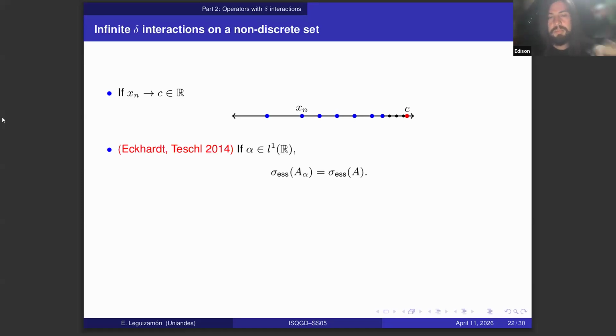But using some tool that I will explain in the next slide, Edgar Unterschel could manage to prove that it could be seen as a self-adjoint operator, and that if the alphas of the interaction are in L1, it means they are super small, the essential spectrum is still conserved. In this case it is the essential spectrum of the Laplacian.